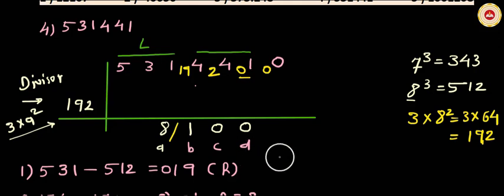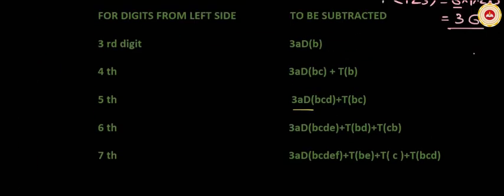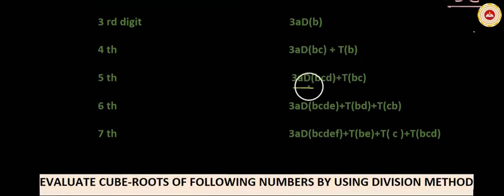Now let us evaluate the fifth digit. To evaluate the fifth digit of the cube root from the left side, we subtract from this gross dividend: 3A duplex of BCD plus triplex of BC.